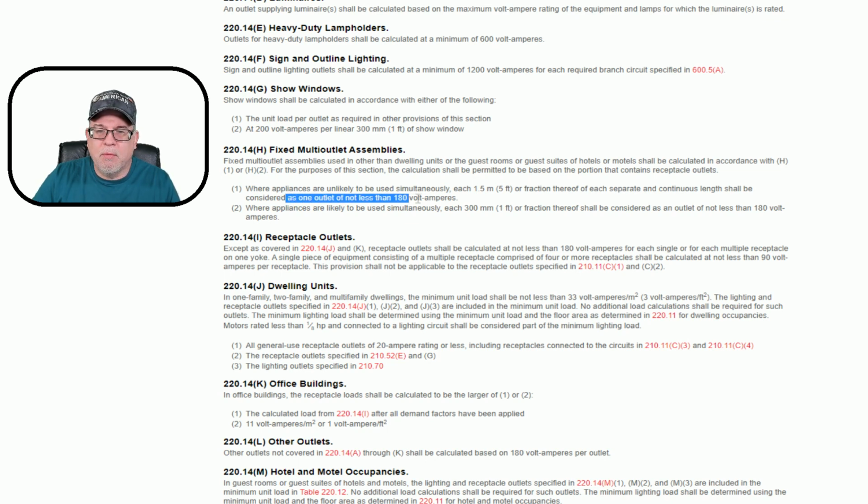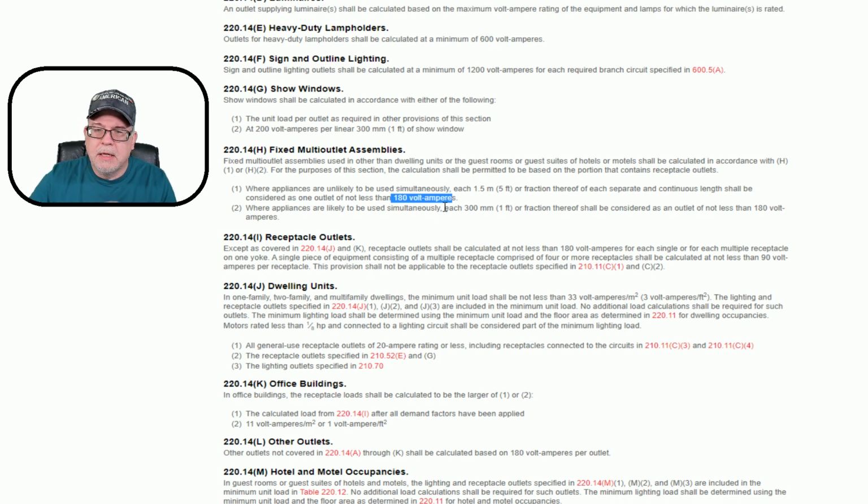less than 180 VA. So there's again also where we're getting our 180 VA reference. I kind of took you to (I) to give you a general understanding of 180 VA so I could talk about the devices on a yoke. But ultimately, you're still given this information in (H) as well. So I'm kind of giving you a twofer there. I explained (I), but it's in there when it comes to (H) as well.